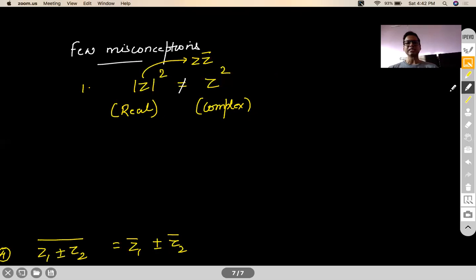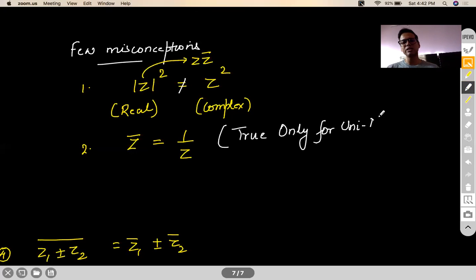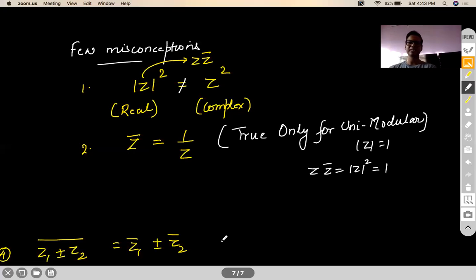Second misconception that people have is that the conjugate of a complex number is the reciprocal of the complex number. No, this is not always true. This is true only when the complex number is unimodular. Unimodular means it has a modulus of 1. Only then it is correct. Why? Because if it is unimodular, this property will be true, and then only you can say z conjugate is 1 by z.